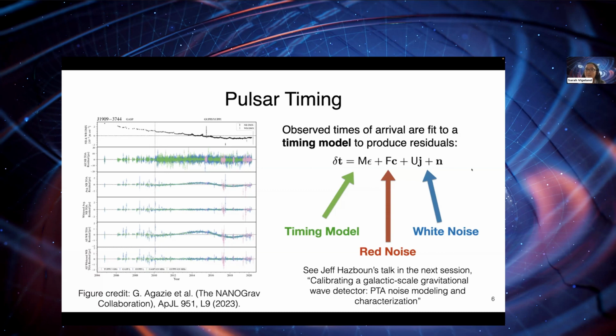And there are many possible sources of red noise. Some are intrinsic to the pulsar, like spin noise. Some are related to the pulse's propagation through the interstellar medium. And the gravitational wave background is a form of red noise. It has more power at low frequencies than high frequencies.